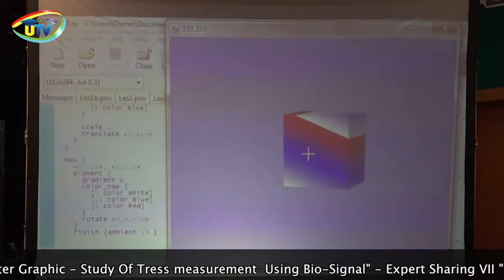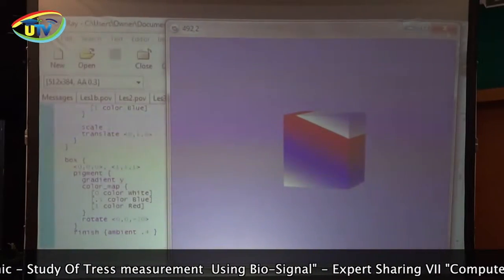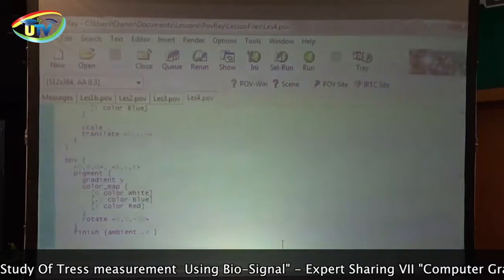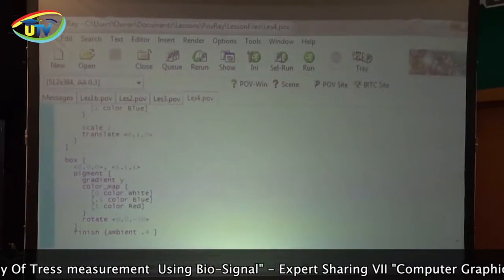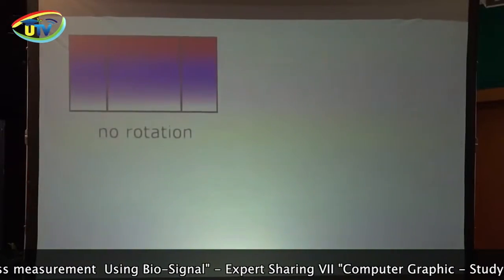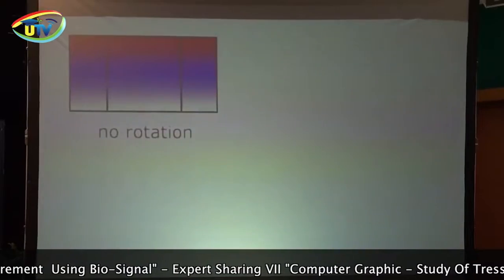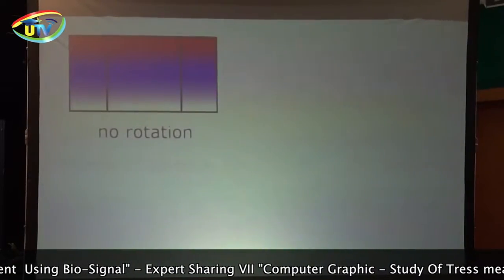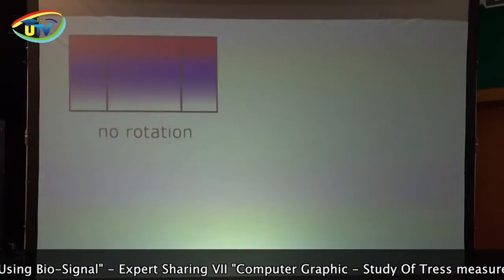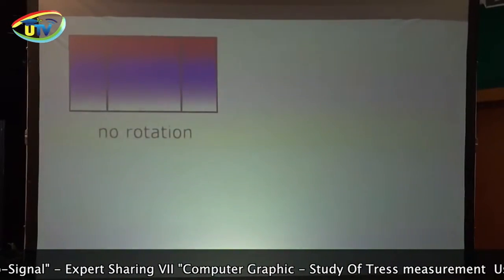The problem is that we have to scale this gradient somewhat, and I can show you what's happening with a couple of diagrams. That gradient can be thought of as a horizontal rectangle that transitions from white at the bottom, that's the 0 position, to red at the top, which is the 1 position.